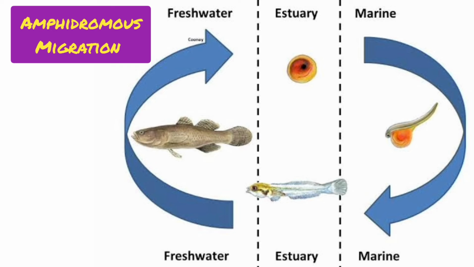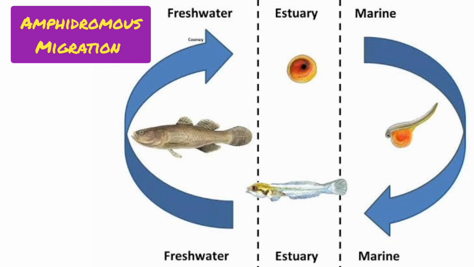Amphidromous migration. An amphidromous fish is a type of diadromous fish which migrates between fresh and salt water. Unlike anadromous and catadromous fish, which migrate explicitly for the purposes of breeding, amphidromous fish migrate for other purposes.